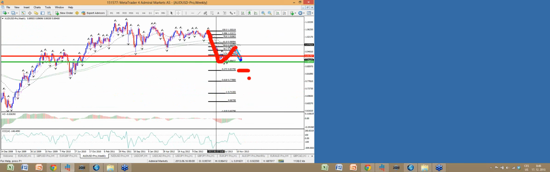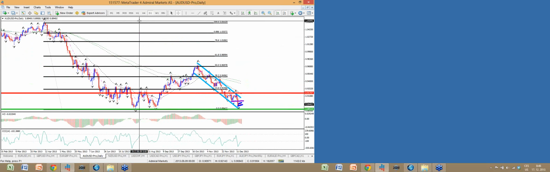Targets at 84 and 79. That's where it can go, depending on how you look at the Aussie. We still have one more support level though, right at 88.50.